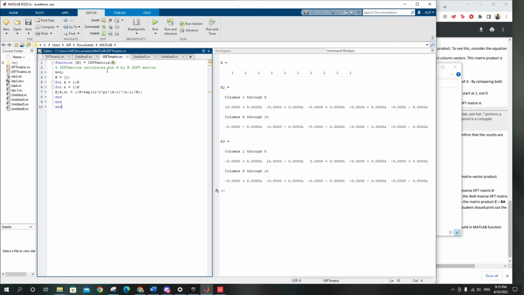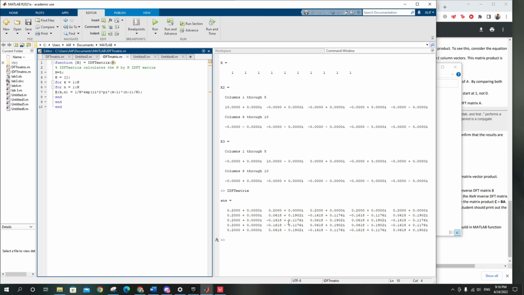The value of n is initialized to 5. The for loop is used to generate the n times n IDFT matrix B. After running the simulation, the inverse DFT matrix is displayed in matrix vector form. So after running the IDFT matrix, we get the solution here in the command window.